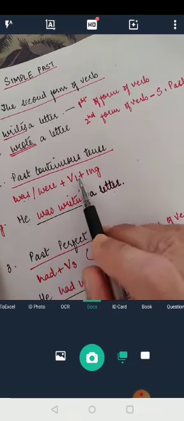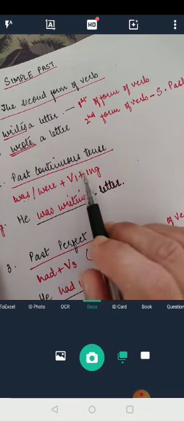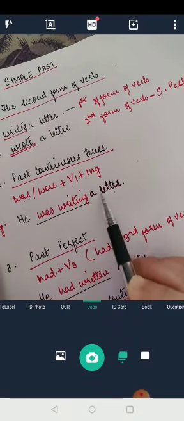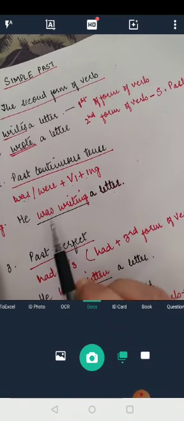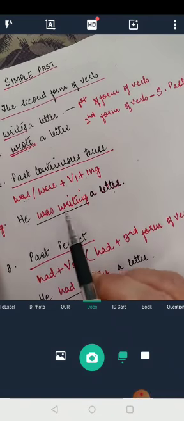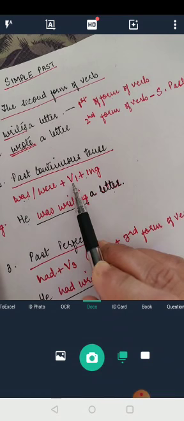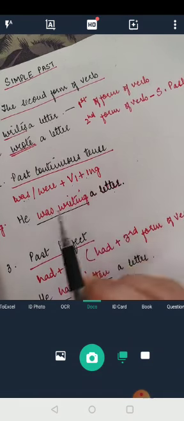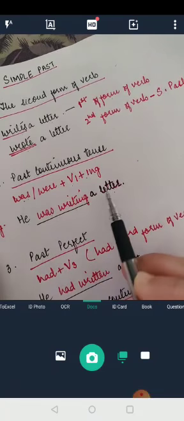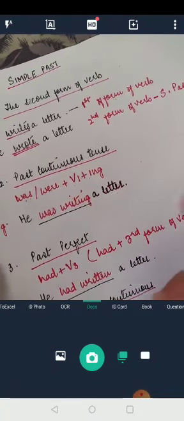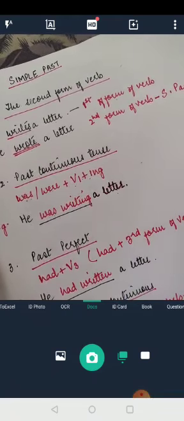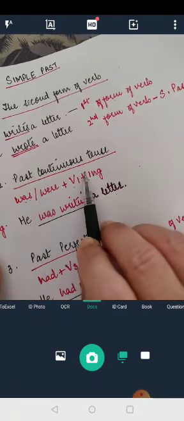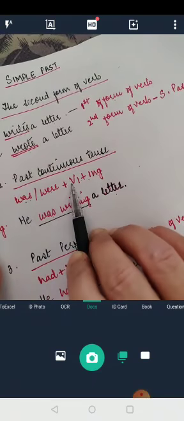But when we add ing to it, it becomes continuous. So he was writing a letter. Was plus the first form of verb plus ing. Any verb in the first form, if you add ing to it, is regarded as continued.